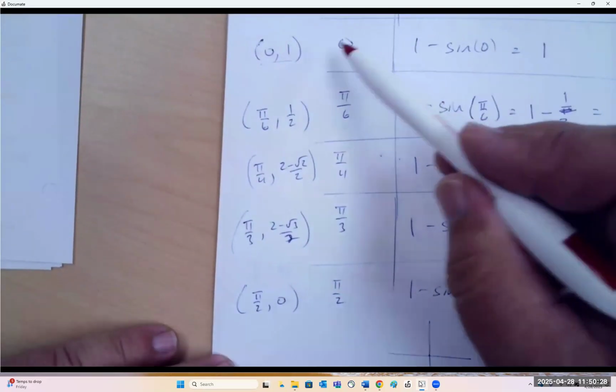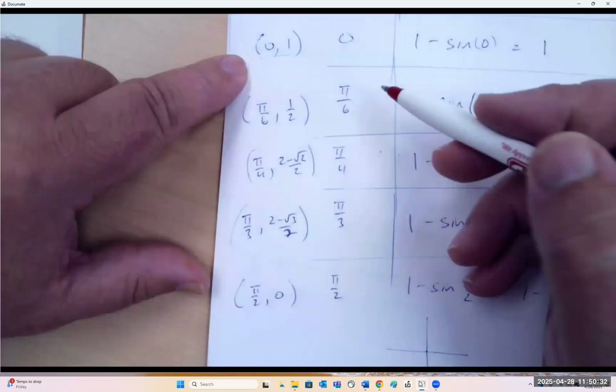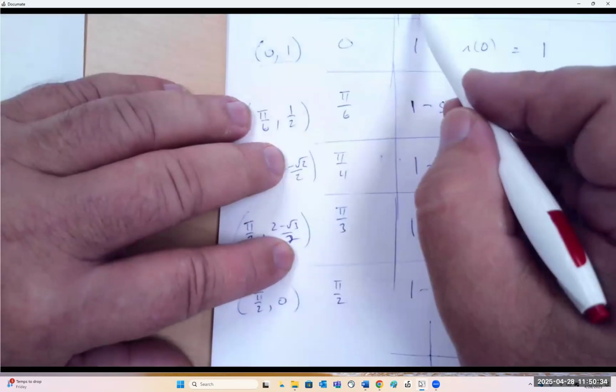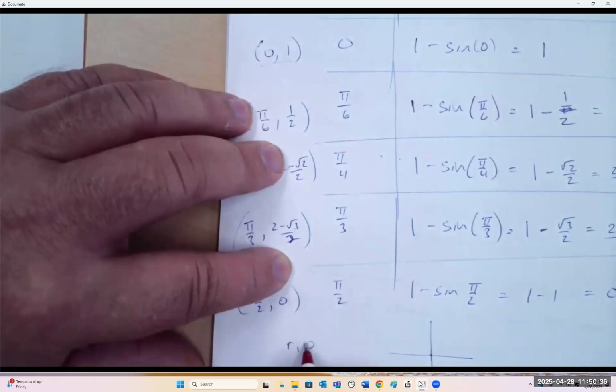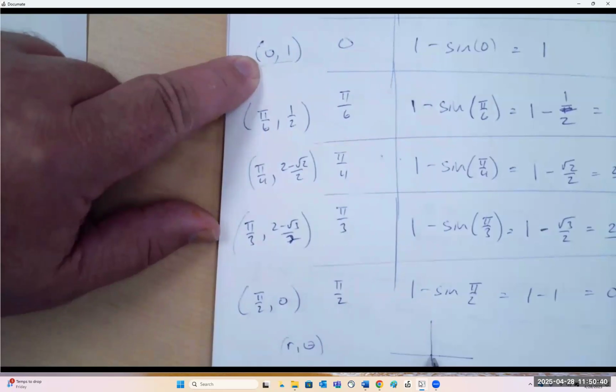Oh, that's the theta. Dang, I have these backwards. This is theta and this is r. Flip these around, so the radius is 1, theta is 0.